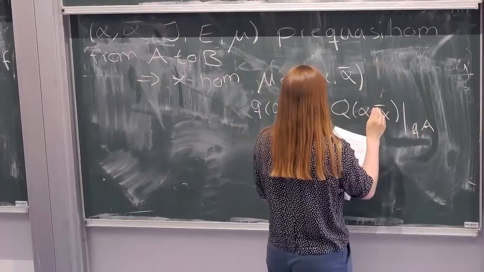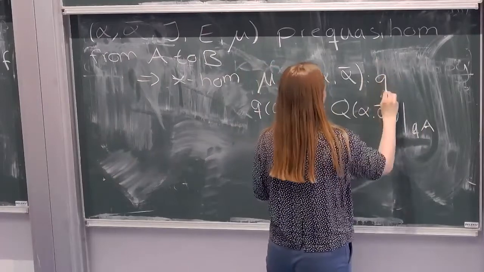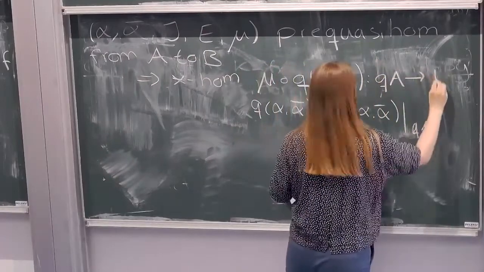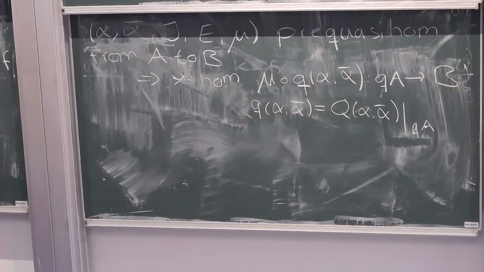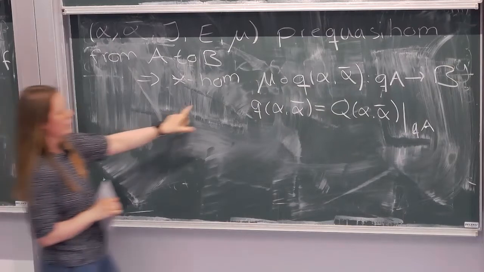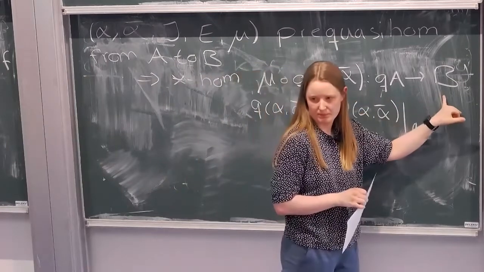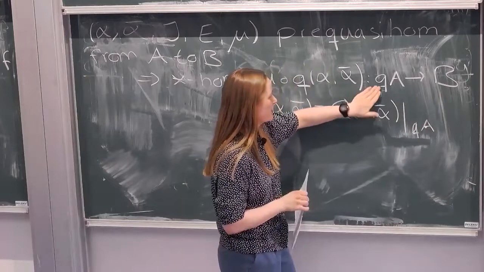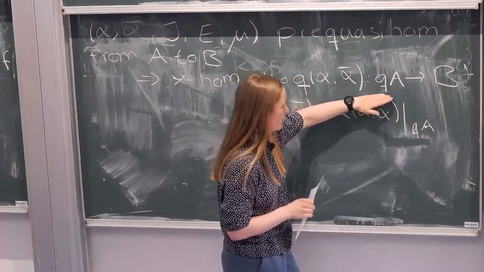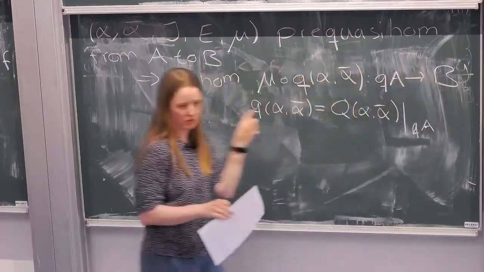So then we get this map here from QA. So now you see that every time we have a pre-Cuntz pair, we will actually get a map from this ideal to B. Now it turns out that all maps from QA to B come from a pre-Cuntz pair.